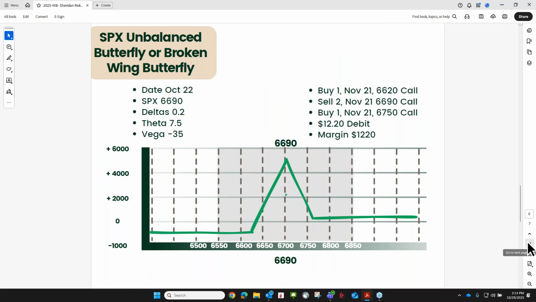And what does that mean? It just means that if the implied volatility, if the volatility of each of your three options goes down $1, you'd make $35 because, again, you're selling more extrinsic value when you're at the money 66.90. You're buying less extrinsic value in your longs. And again, you're selling two at the money. So these are two, you have a balanced, and then you have this thing unbalanced or broken wing.